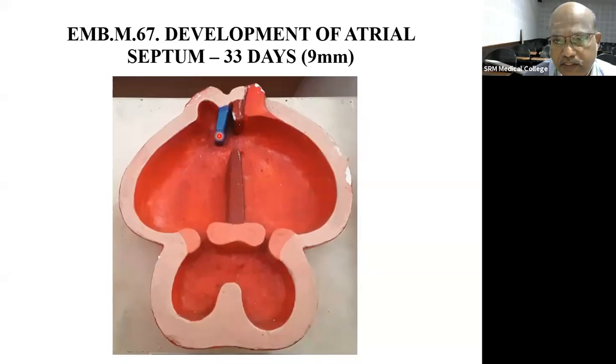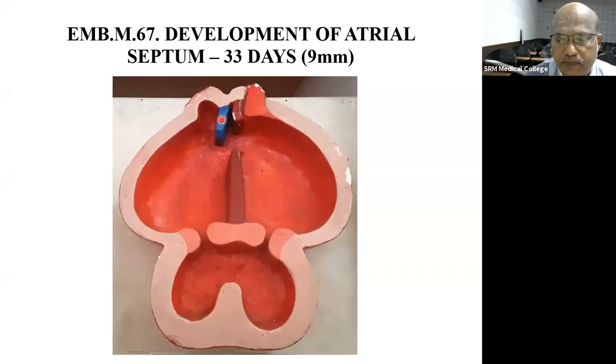Now the other septum, the septum secundum, originates from the roof and descends downwards. Already the septum primum has fused with septum intermedium. So the lower part of the interatrial septum is formed by the septum primum only.